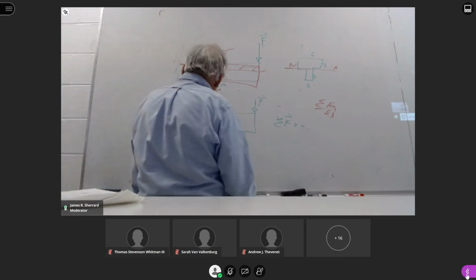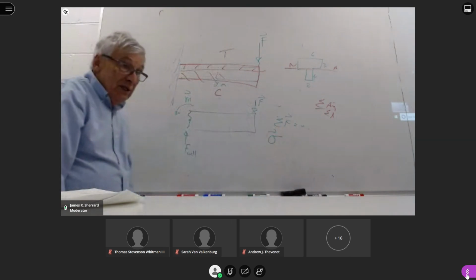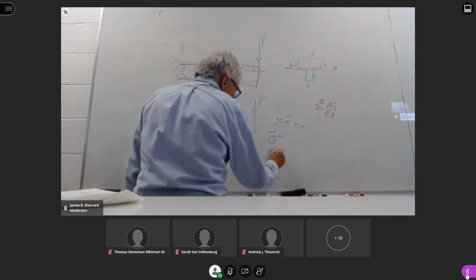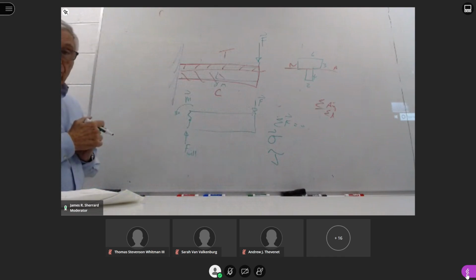So when you go to look at safety here, you're going to have both plane stress because of the moment, and you're going to have shear stress due to the vertical forces.